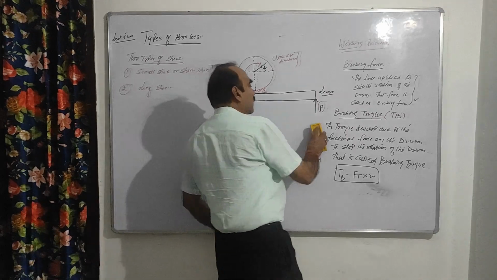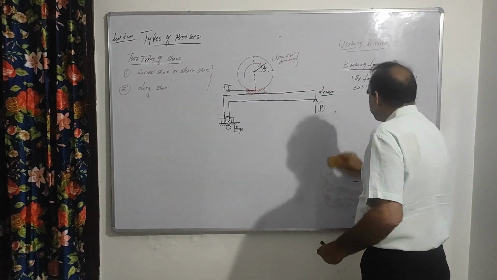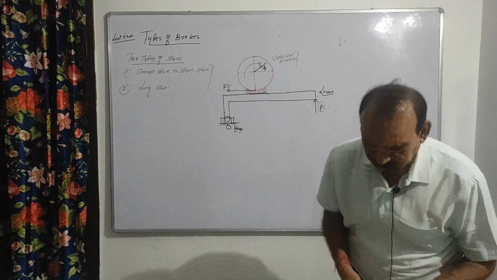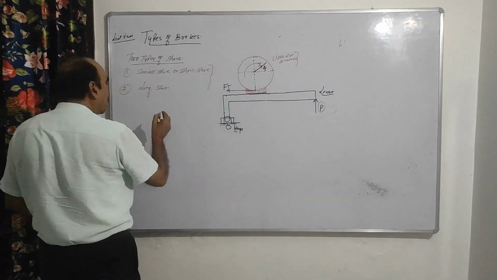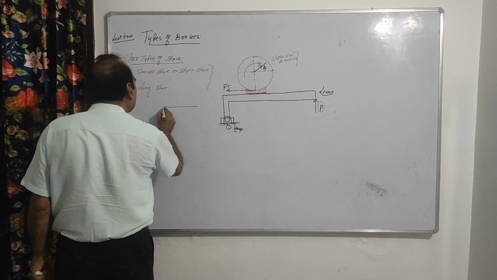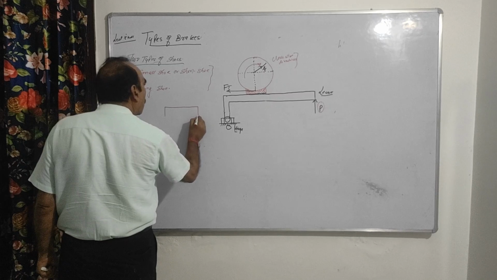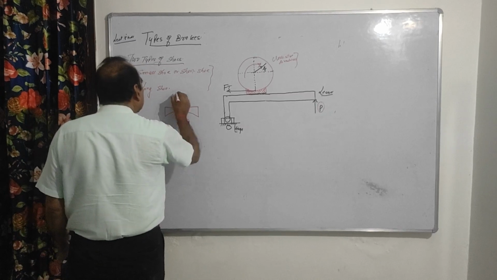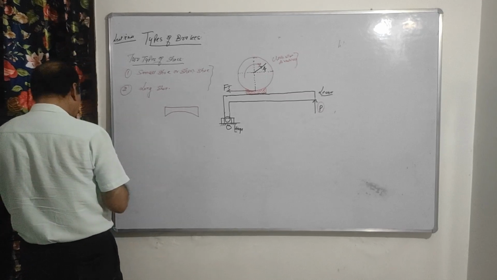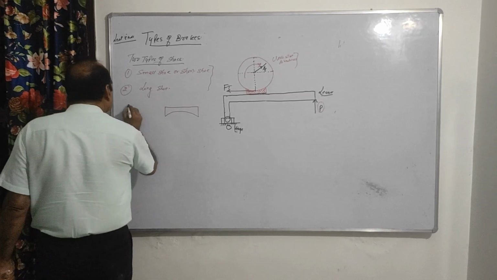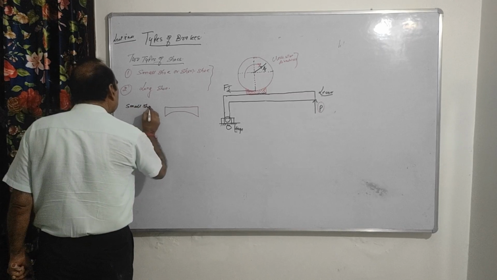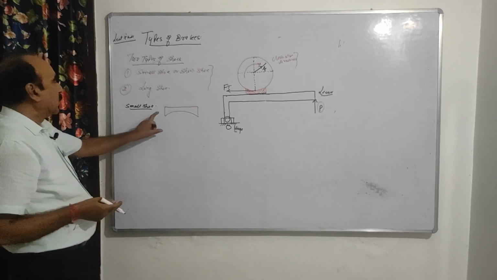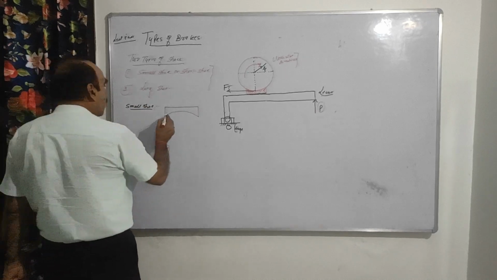First I will take the small shoe. Suppose this is your shoe, this is your small shoe. So what will happen in the small shoe? First of all, the force will act in this manner.